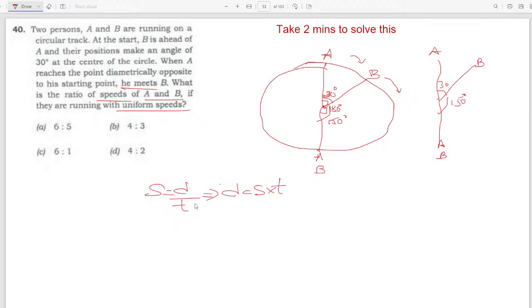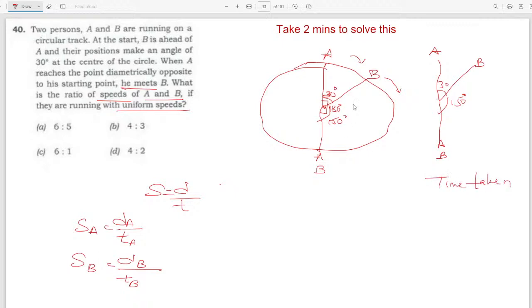So the speed of A, SA, is equal to the distance traveled by A divided by the time taken by A, and SB is equal to the distance traveled by B divided by the time taken by B. Now in this case, the time taken is the same for A and B because they meet at the same time.